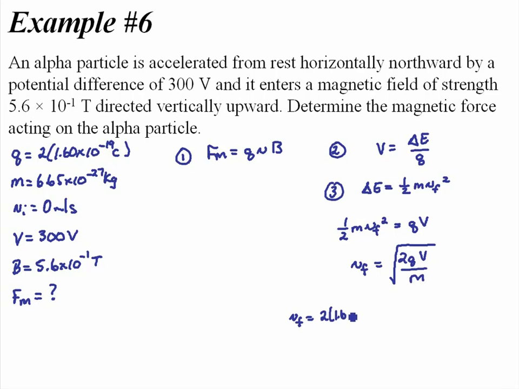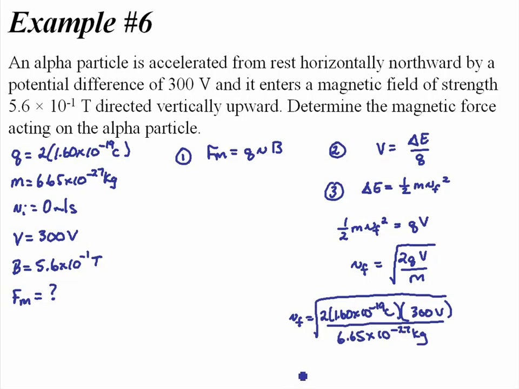2 times 1.60 times 10 to the negative 19 coulombs times 300 volts divided by 6.65 times 10 to the negative 27 kilograms. Take the square root of that answer. Should give us a final velocity. And I could put this all into one formula, but it's kind of nasty.